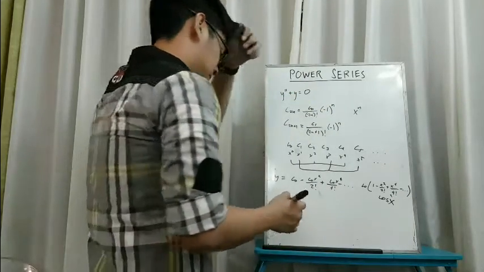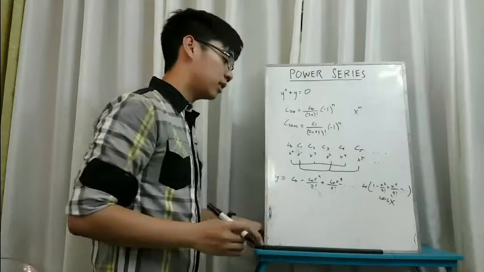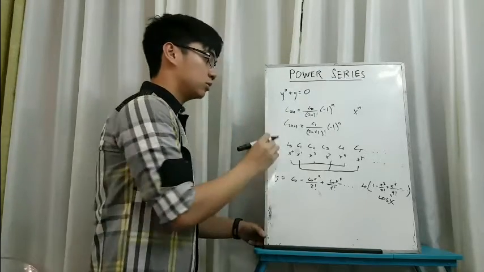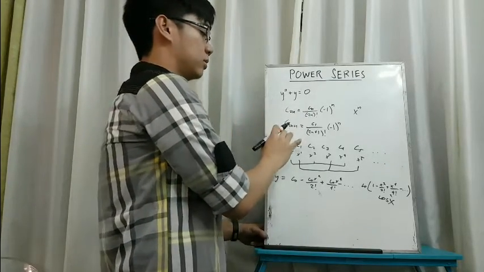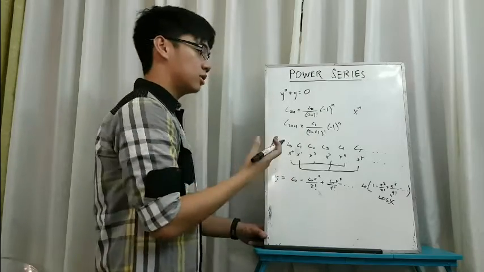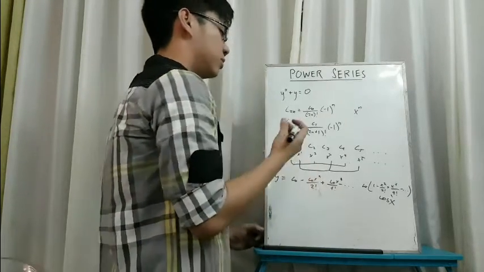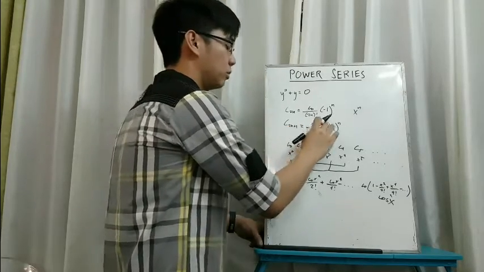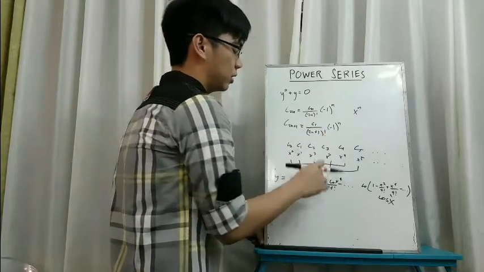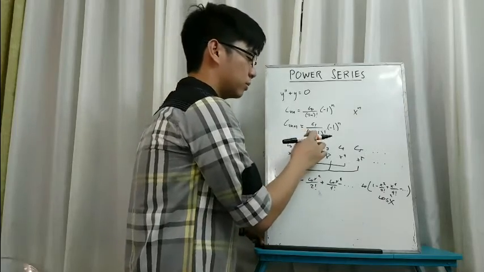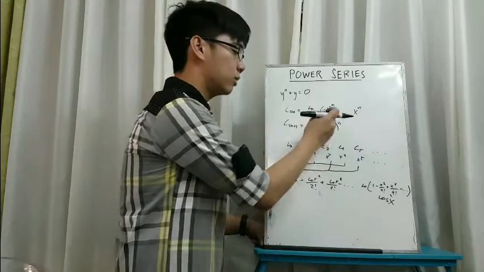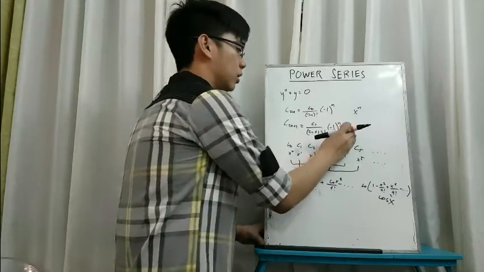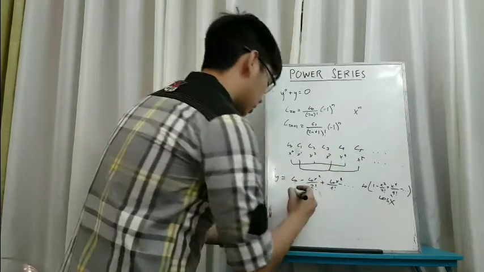Okay, so now we move on to the odd numbers. So C sub 2n plus 1, plugging in 0 again. Okay, so this is C1 is equal to C1 all over 2 times 0 plus 1, so 1 factorial. C1 over 1 factorial raised to 0 is this.